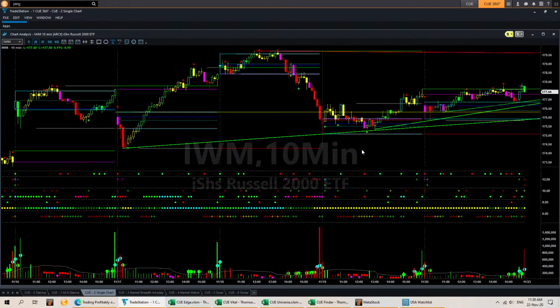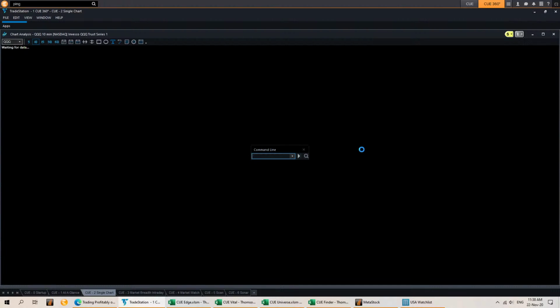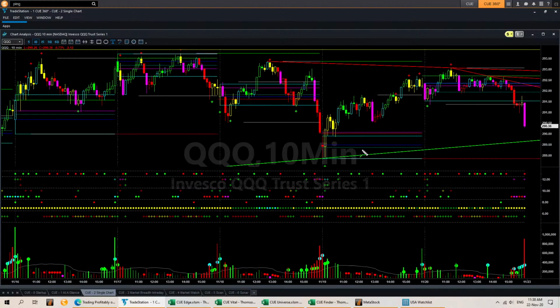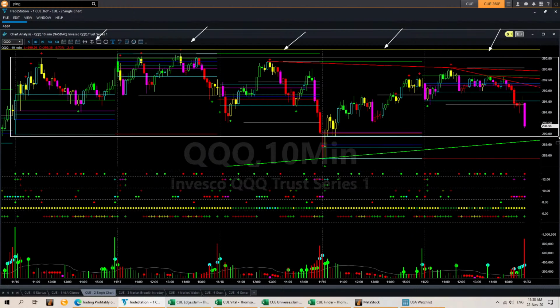And if we look at QQQ, the weakest of the four ETFs right now, this is Friday, Thursday, Wednesday, Tuesday, Monday. Practically moved sideways.